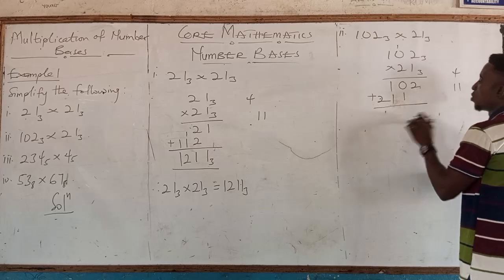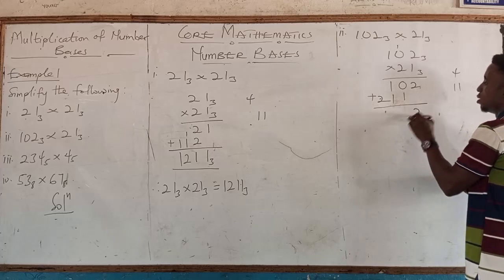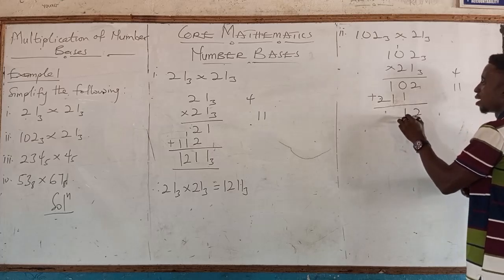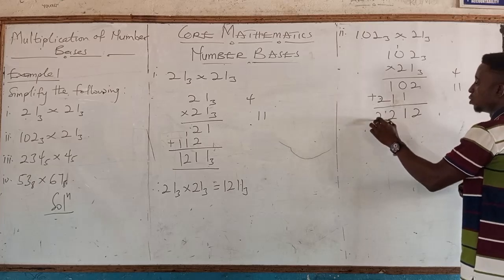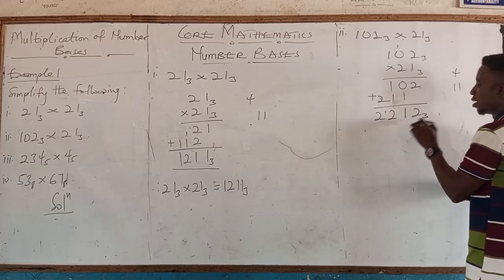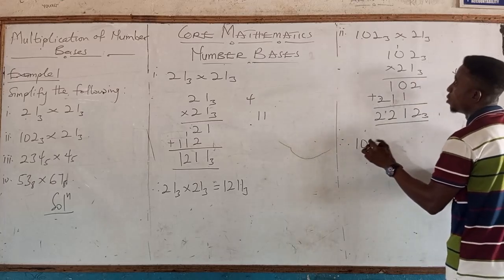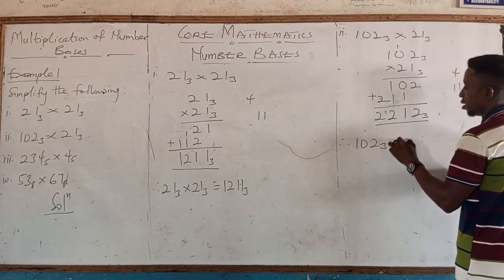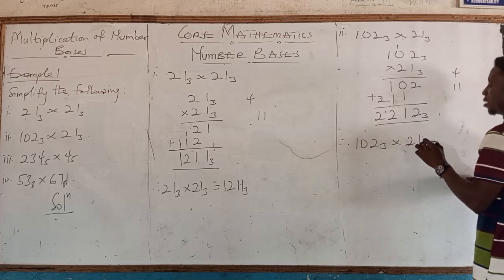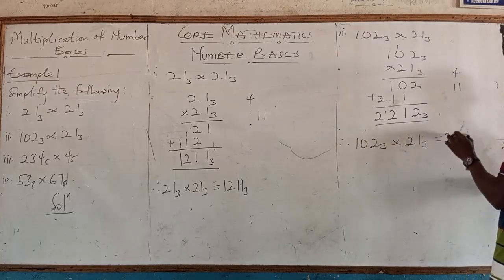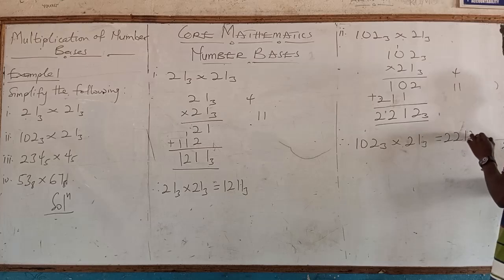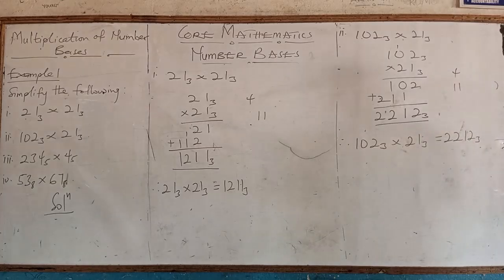So adding this one will get us 2, 1, 2, 2 base 3. So therefore, I'll have 102 base 3 multiplying 21 base 3 is equal to 2212 base 3.